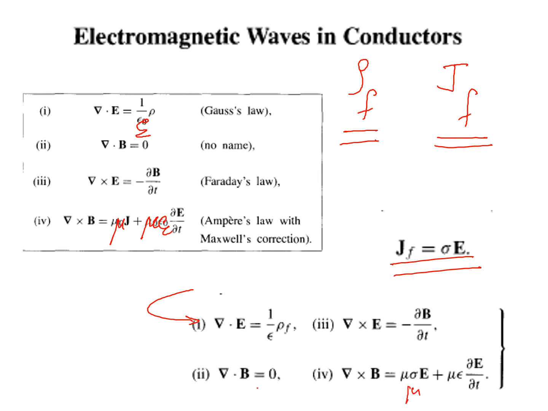It was actually mu 0 Jf, so instead of J, we substituted sigma E.